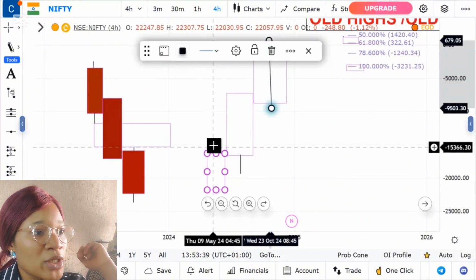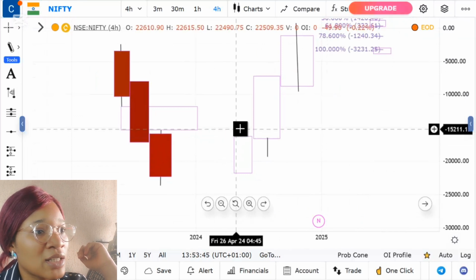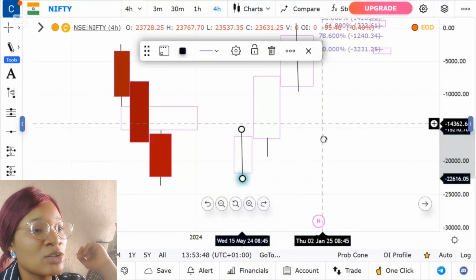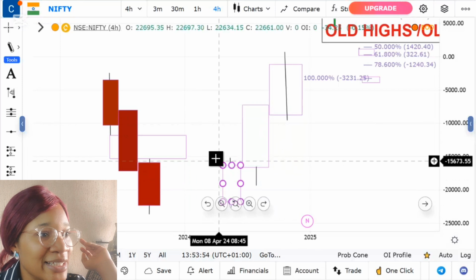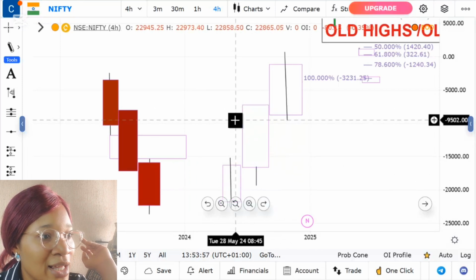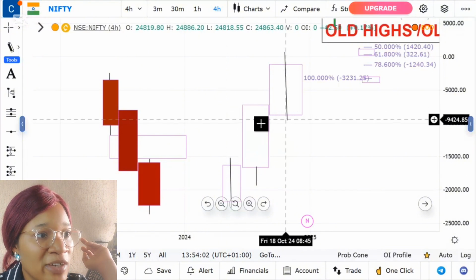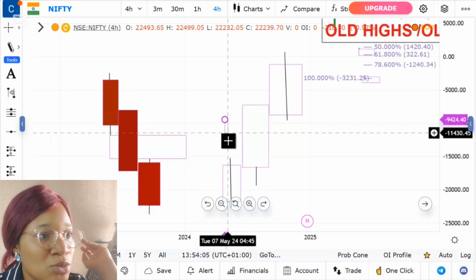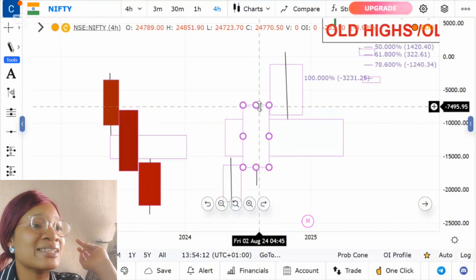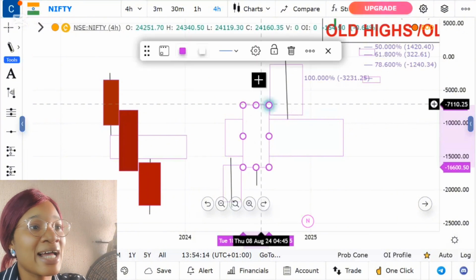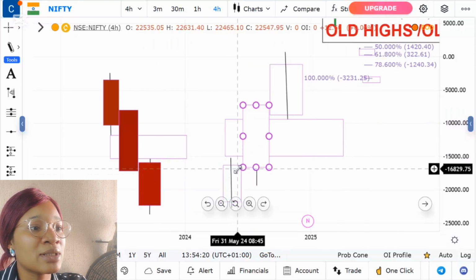There are wicks right here, but then there's a space between the high of the first candle and the low of the last candle. I'm going to be marking out the low of the first candle and the high of the last candle. That is what we're looking at in the fair value gap. That's exactly what it looks like.